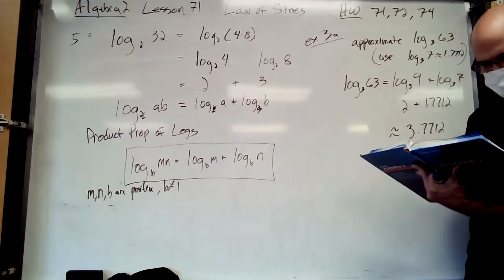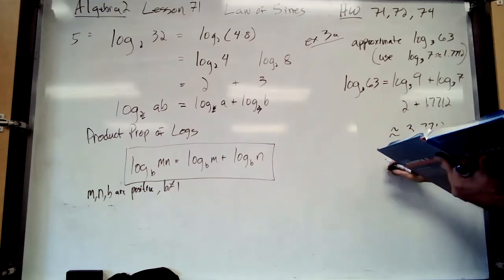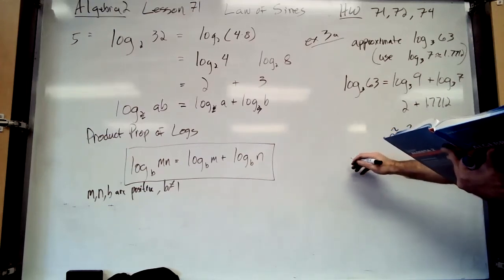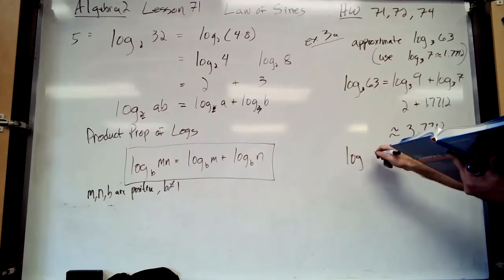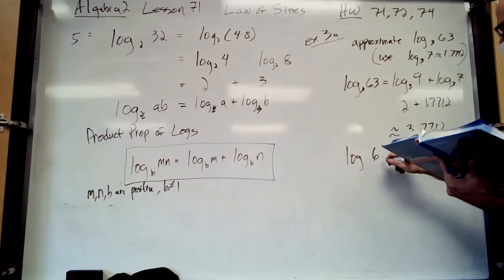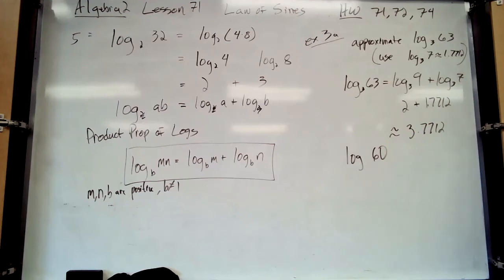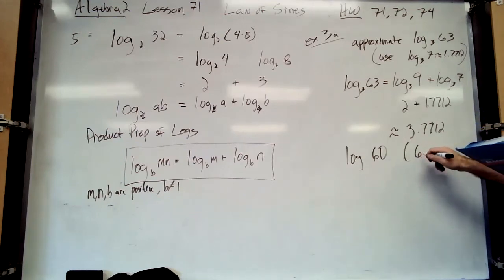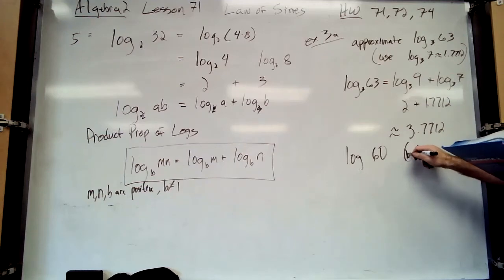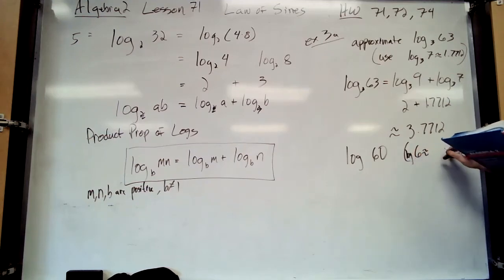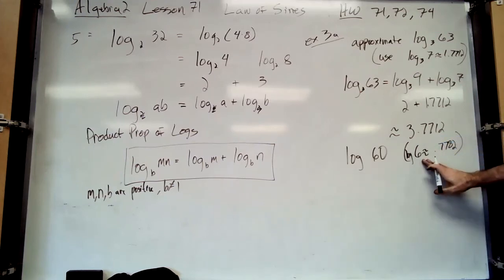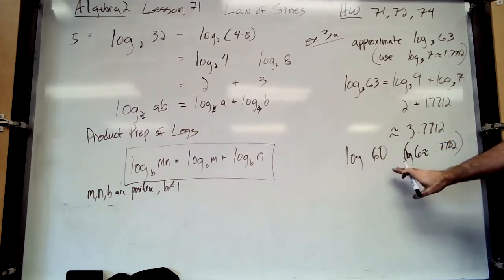Okay, well, what about this? Let's do log of 60. Okay, well, what am I missing? The base. Yeah, so what's the base? 10. Okay, so I'm going to say log base 10 of 6 is approximately 0.7782, which is a major hint because the other factor would have to be 10.